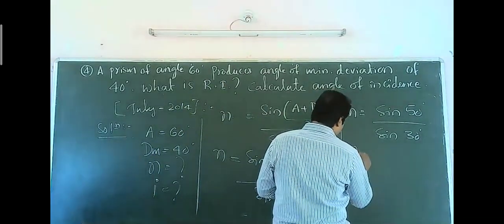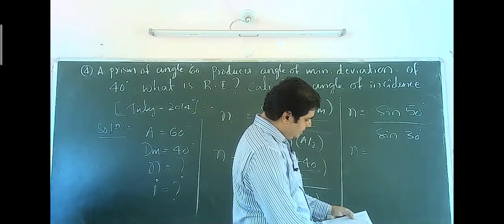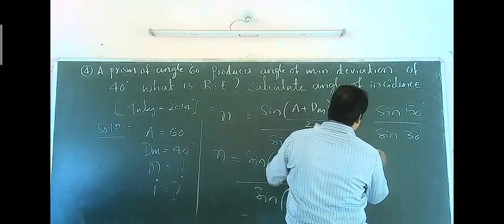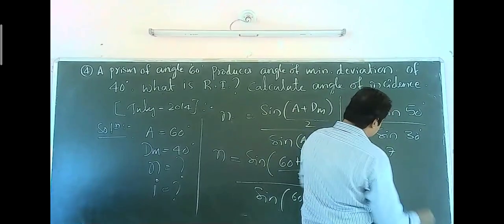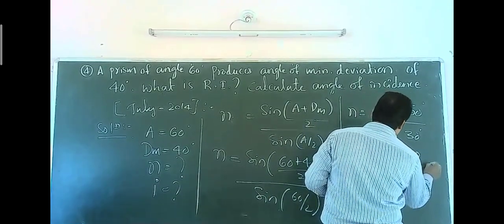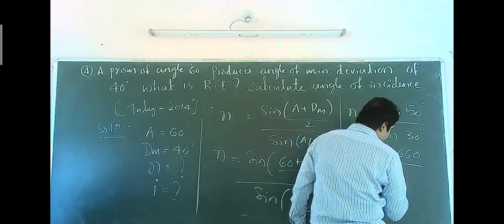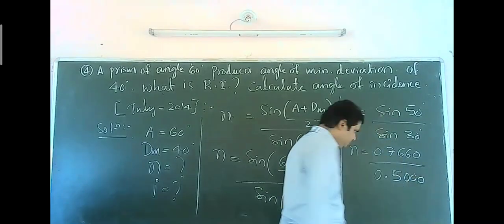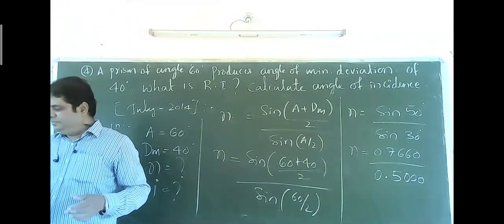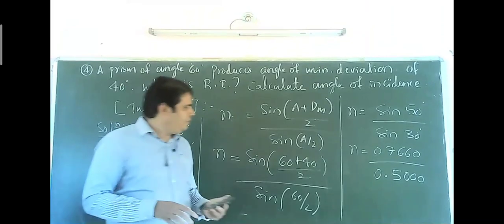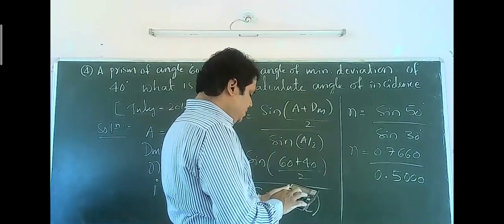Sin 50 is equal to 0.7660, divided by sin 30, which I know directly is 0.5000. Let's simplify. Without wasting time, let me use the calculator now. This calculator, a simple calculator of course.